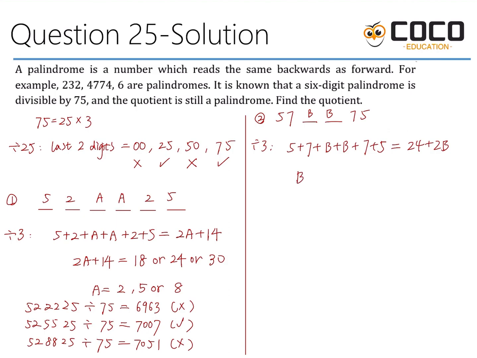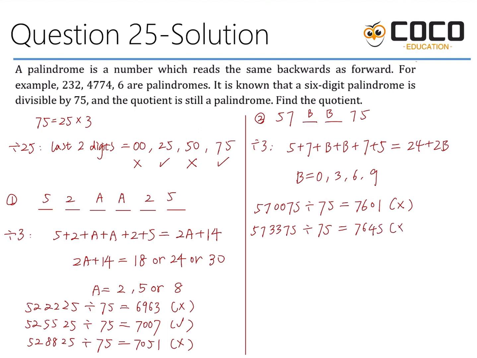If 2B is divisible by 3, then B has 4 values: 0, 3, 6, or 9. Just check one by one. So 570075 divided by 75 is 7601. That's not a palindrome. 573375 divided by 75, that's 7645, which is also not a palindrome.